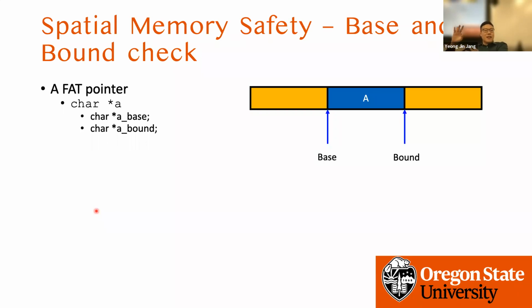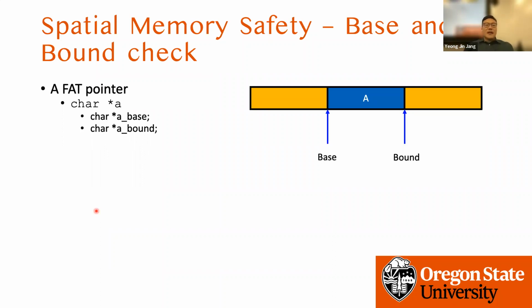We will learn a little about that at the end of this course. So please keep that in mind. Right now we are learning about spatial memory safety. The purpose is to mark the base and bound at every memory allocation, and then enforce them when we store any bytes or read any bytes out of the memory.